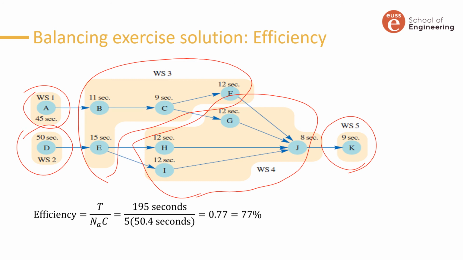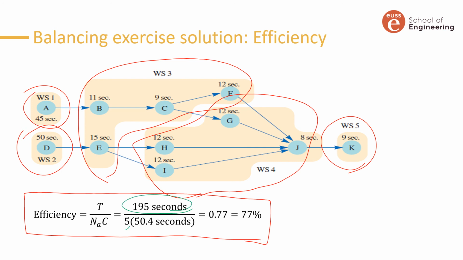And now is the time of calculating the efficiency. As you remember, the formula of efficiency was T divided by the real number of workstations multiplied by cycle time. So as you see here, NA is 5, while NT was 4. You remember this one was the minimum.